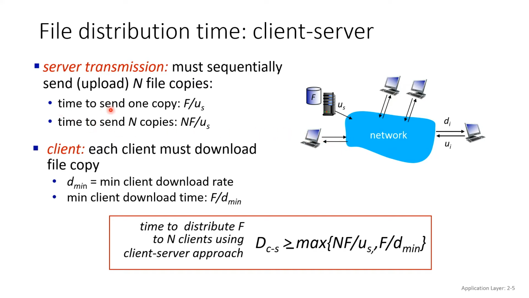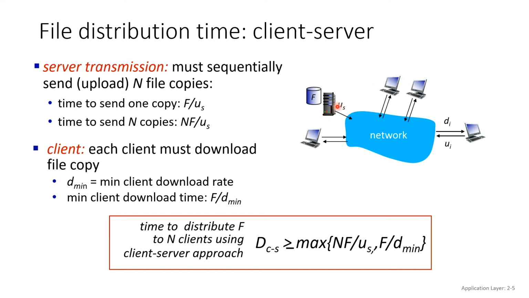So the time to send one copy, obviously, is the size of the file divided by the upload rate of the server. Imagine that you have this server and you want to send a file to this particular client.